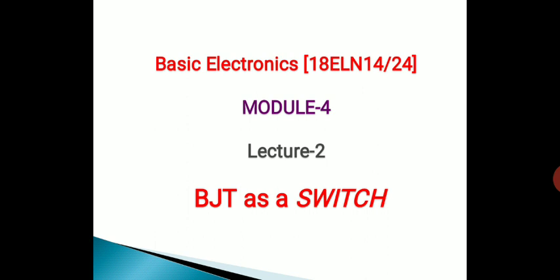Now when we want to use BJT as an on and off switch, we have to use BJT alternately in the cutoff region and in the saturation region. Once you operate the transistor in cutoff mode and saturation mode by applying suitable voltages, we can use BJT as a switch.